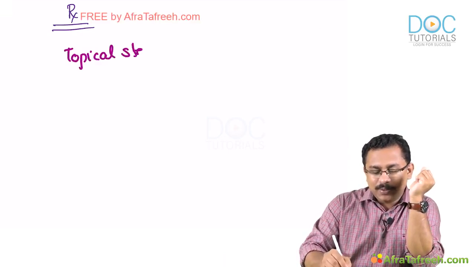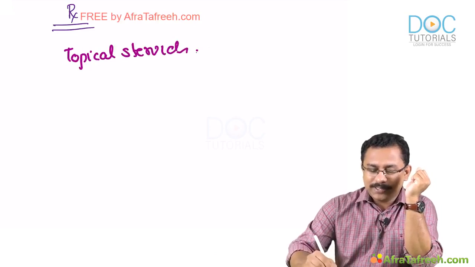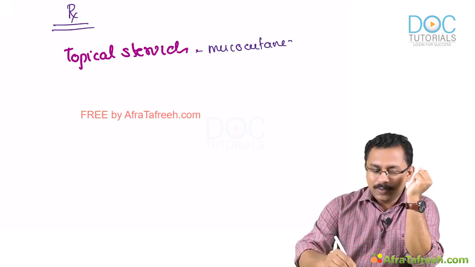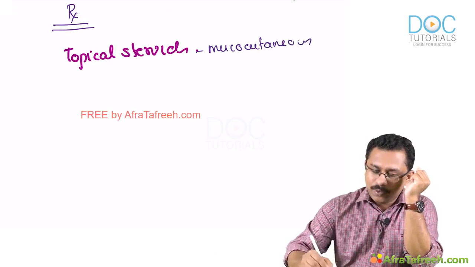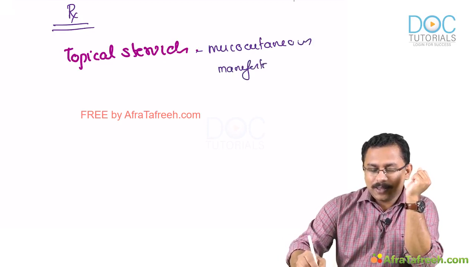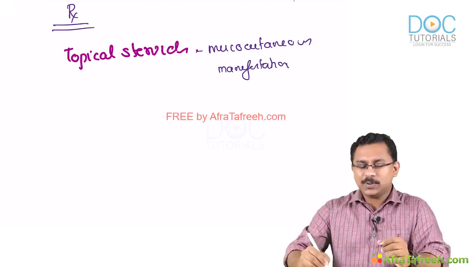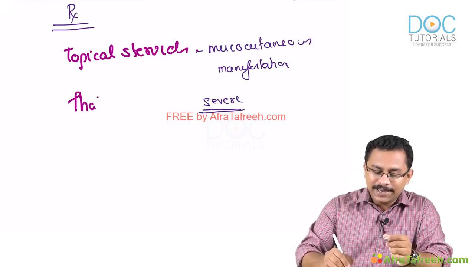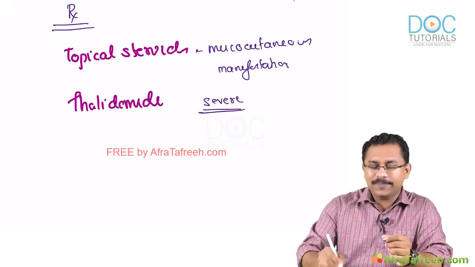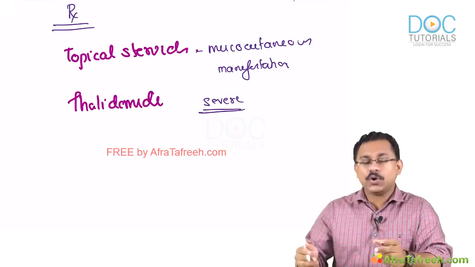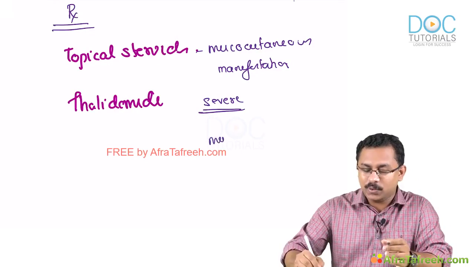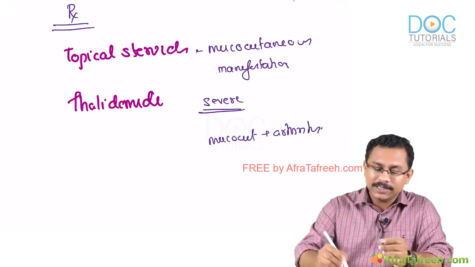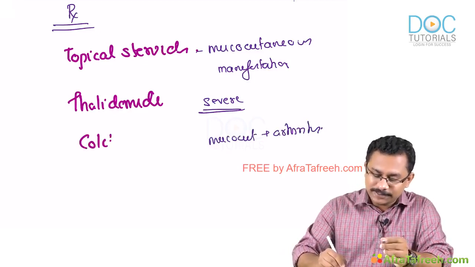But if the mucocutaneous manifestations are severe, then you can think of thalidomide. And if along with the mucocutaneous manifestations you have arthritis also as a manifestation, then colchicine is a preferred agent.